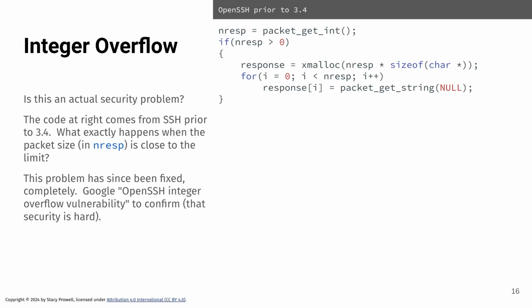So we take the number of responses and multiply by 8. And then we go into a loop. For each one of the responses, we do a packet get string and store that string, it's a char star, in the response at that position. There you go. So we get a number of responses, we allocate space for all of them, and then we read all of them, and life's good. Never going to go wrong.